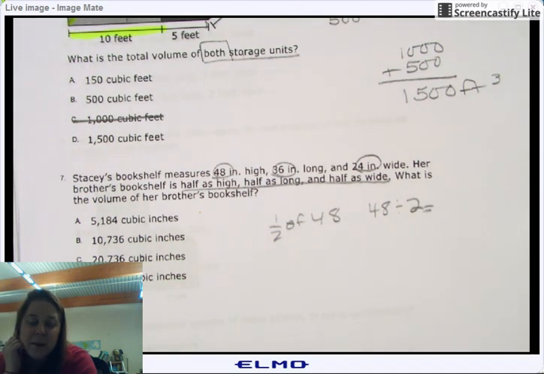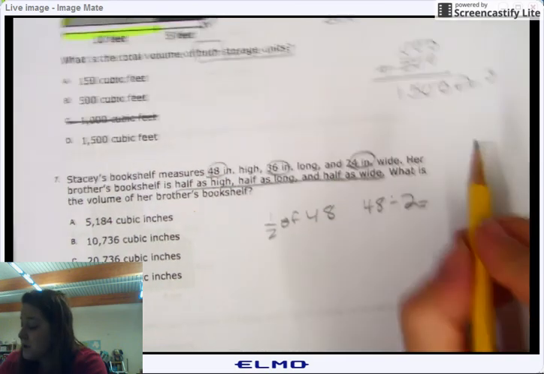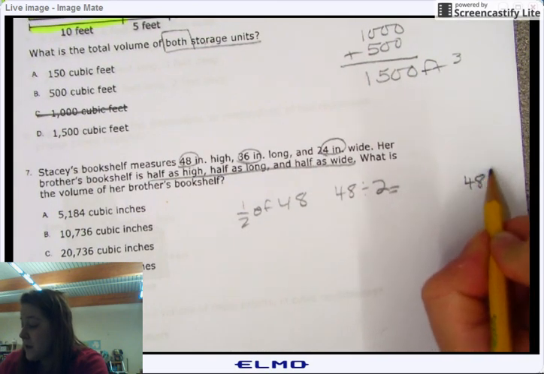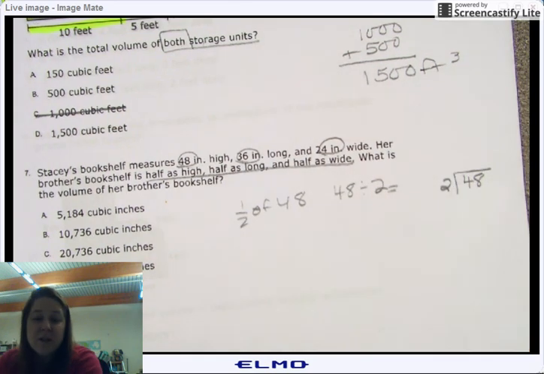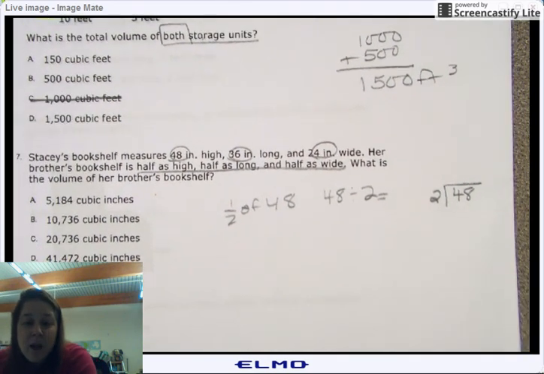If you don't know, you should be coming over here and writing your division tables. So take a moment to divide 48 by 2.